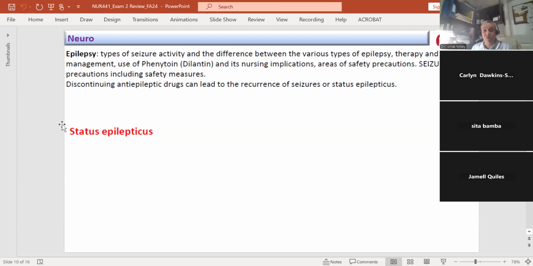Status epilepticus can occur with any type of seizure. Sometimes they refer to risk factors that may contribute to this, like stress, infection, other diseases, and other factors. The most dangerous thing about status epilepticus is that the patient experiences repeated seizures. The brain uses more energy and there is no supply, so it's high demand and less supply.